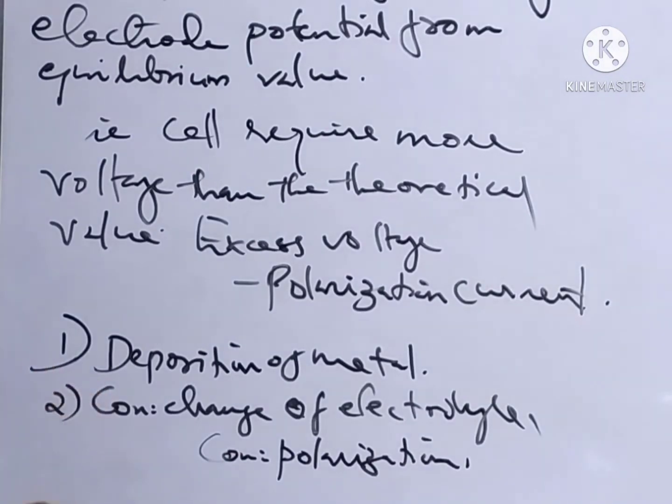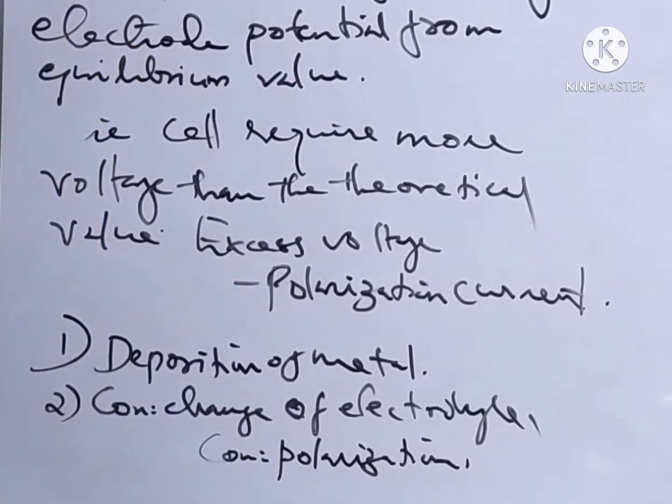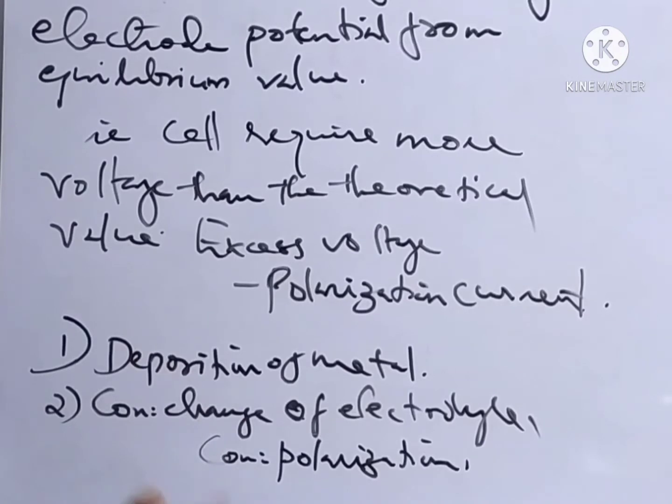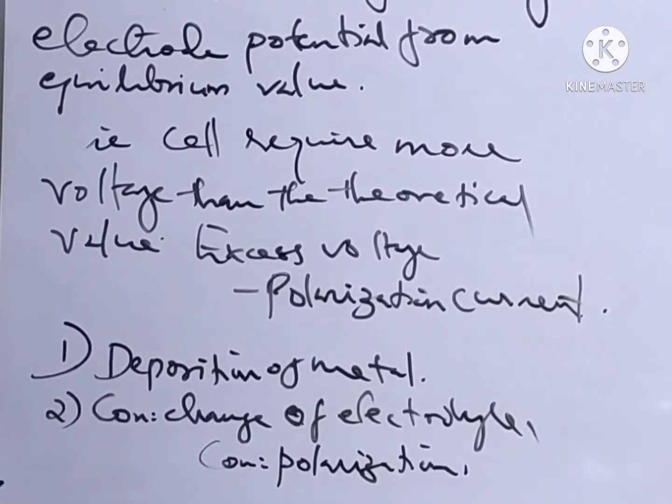And this concentration polarization leads to the slow movement of ions through the electrolyte, and that is the reason behind polarization. And we can reduce concentration polarization by continuous stirring, or we can increase the temperature to reduce concentration polarization.